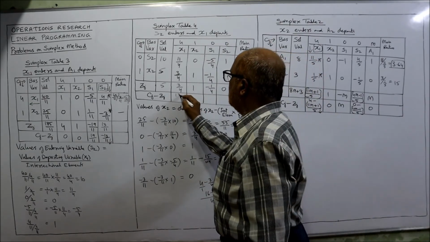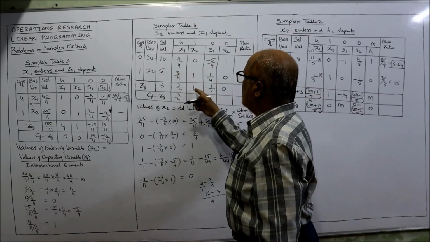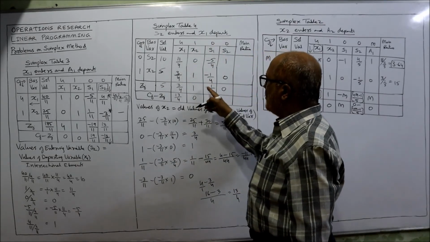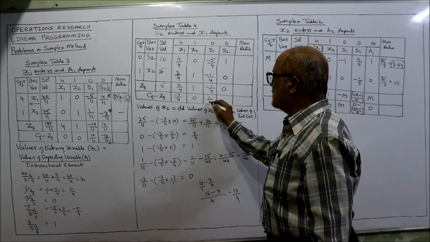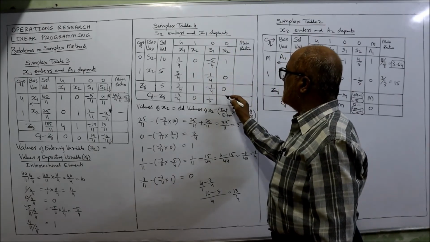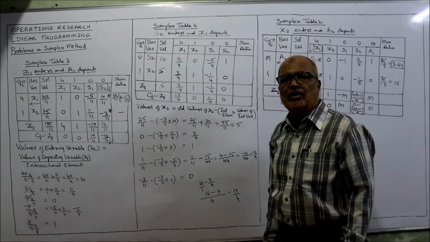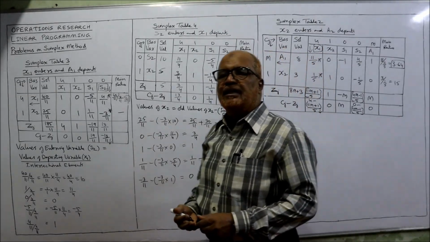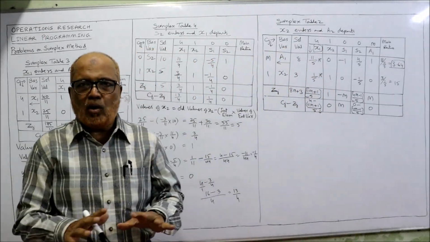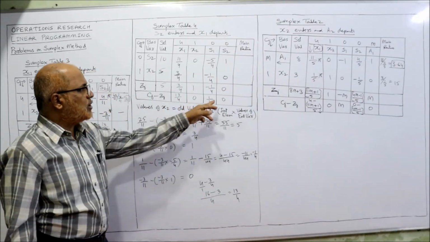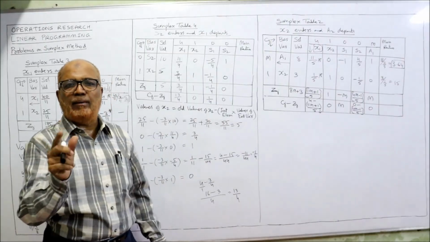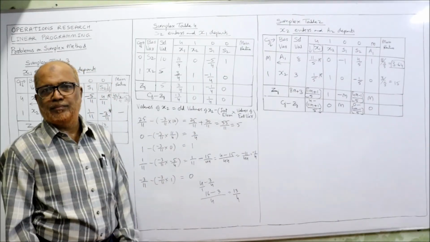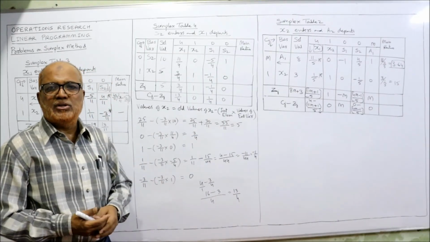Here comes 13 by 4. 1 minus 1 is 0. 0 minus minus 1, minus into minus will become plus. 0 minus 0 is 0. So we have completed the index row elements. All the index row elements are zeros and positive. We don't have any negative element in this index row, so we have reached the optimum solution.